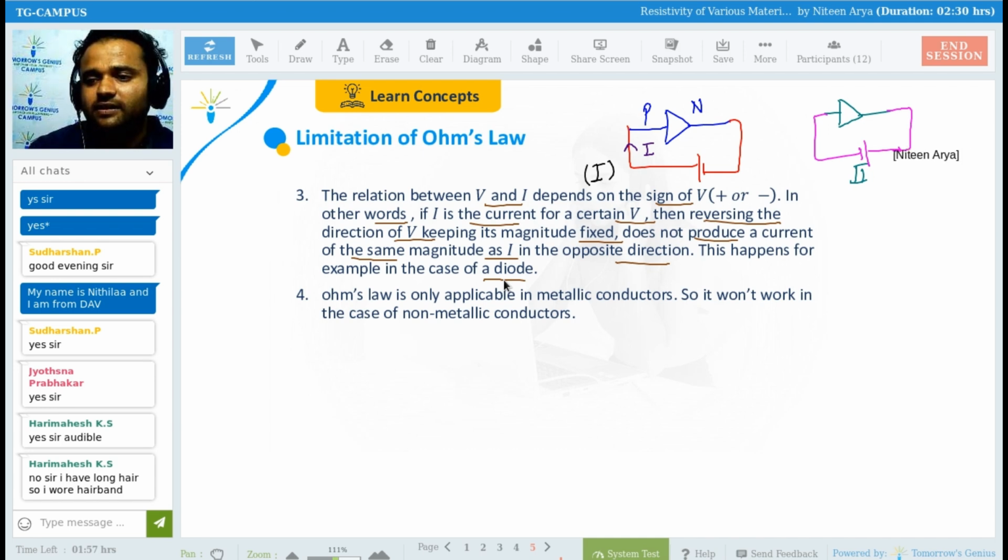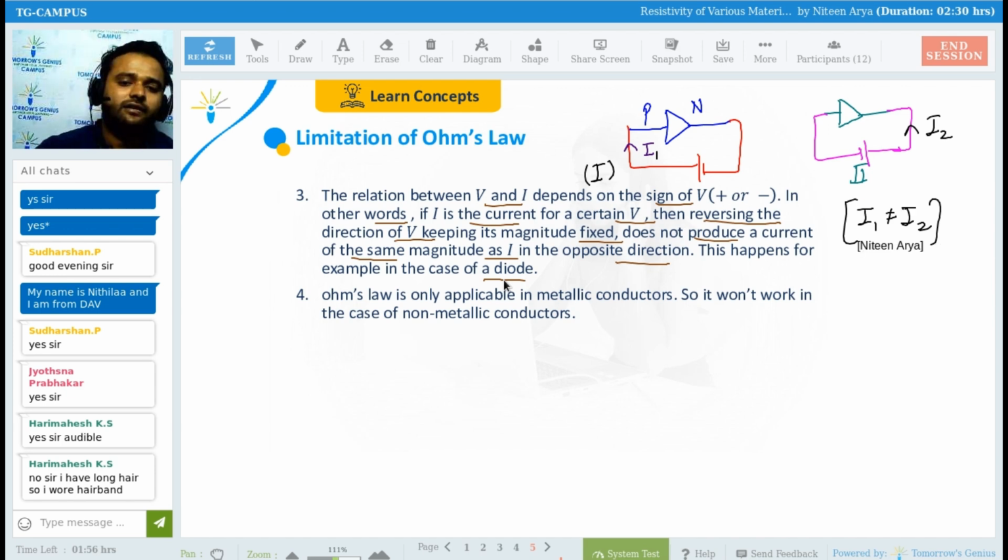In this case, beta, the current is not going to be the same. Why so? Because diodes and transistors are unidirectional. So the direction of voltage is going to matter here. More importantly, I2 in the second case and I1 in the first case are not equal. Clear, everyone? In the case of semiconductors, non-ohmic materials, that is going to happen.